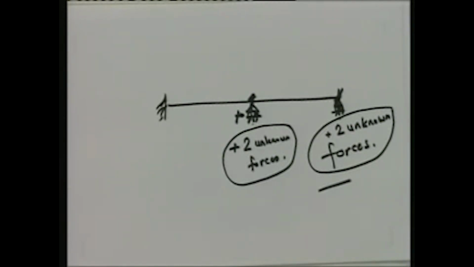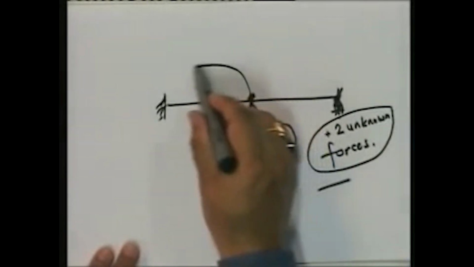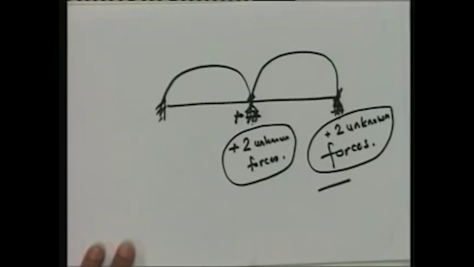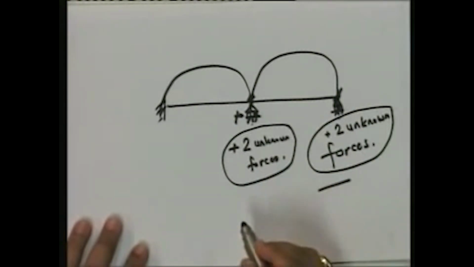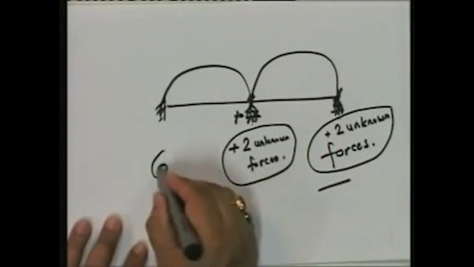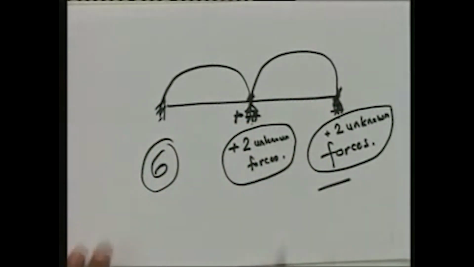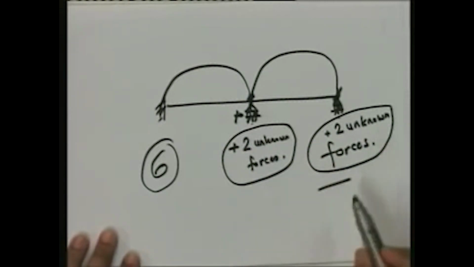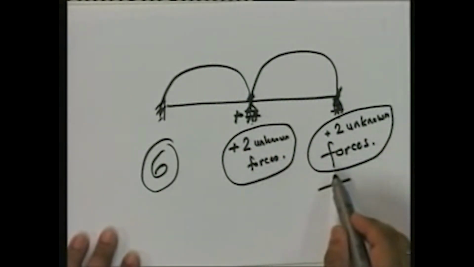How many rings does it have? Think about it. This is one ring. This is a second ring. Independent rings. So, how many degrees of indeterminacy does this fixed structure have? Obviously, two rings, 6. Now, to generate these two rings, how many unknown forces do I add? 4. 2 plus 2, 4.